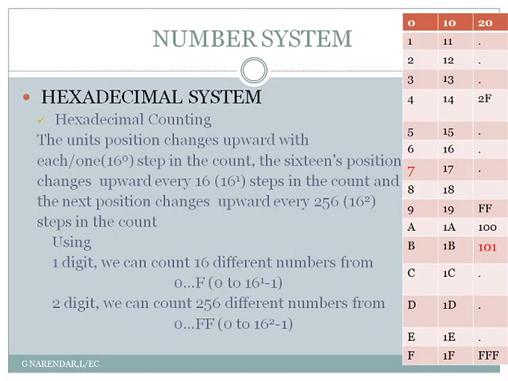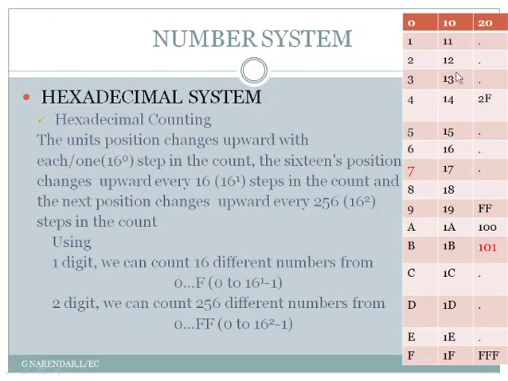You can observe a few more things from this table. The units position changes upward with each step in the count. Here this is the units position, and this is the 16s position.